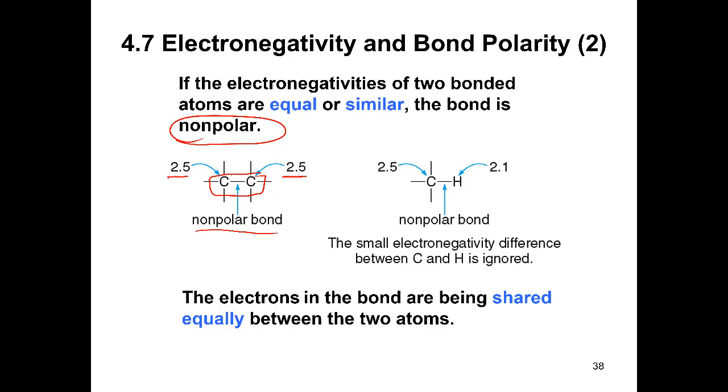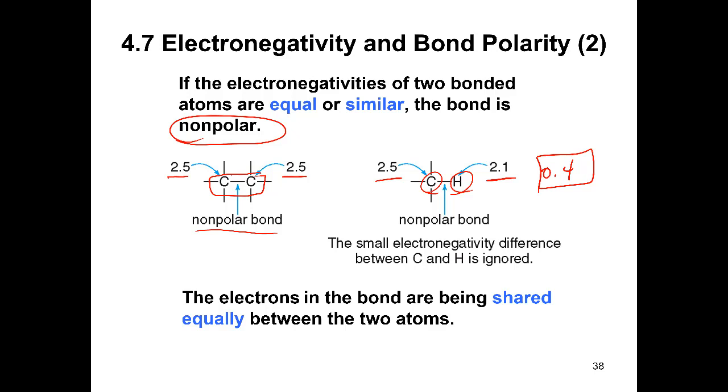If you look at carbon and hydrogen, okay, carbon has a 2.5 electronegativity, hydrogen has a 2.1 electronegativity. There's a very small difference between those. The difference is actually 0.4, and that's the cutoff for where we really start saying that it's nonpolar versus a polar bond.